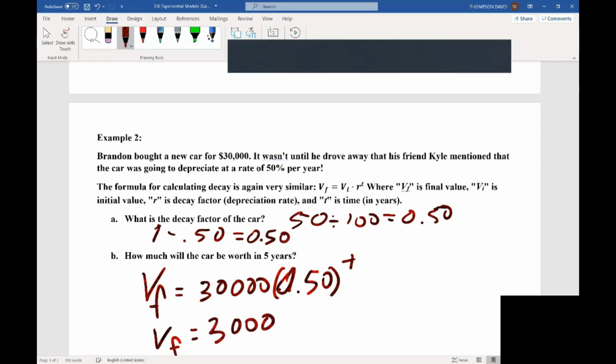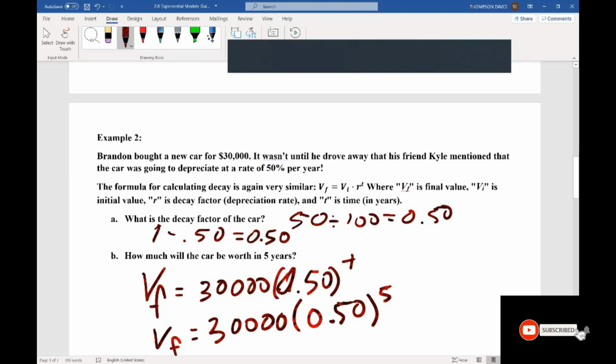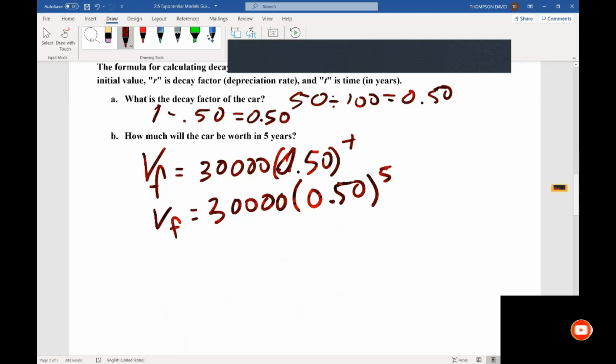So 30,000 times 0.50, and 50% does seem to be a very high depreciation rate, but that's what this problem is asking for. Just keep in mind when you do buy a car, it does lose quite a bit of value within every year.